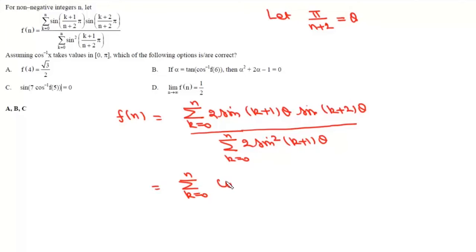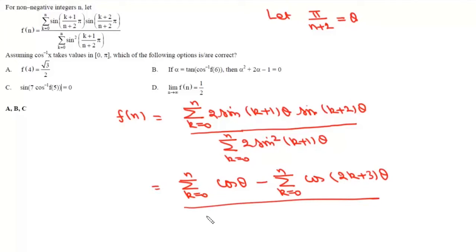It will be simply cos theta minus this summation, k varies from 0 to n, and it will be cos(A plus B), and that will be (2k plus 3) into theta. And the denominator will be this summation, k varies from 0 to n, and 1 minus cos 2 theta. So it will be cos 2 into (k plus 1) theta.